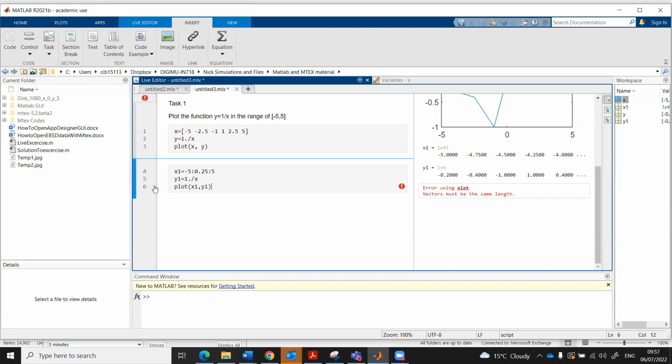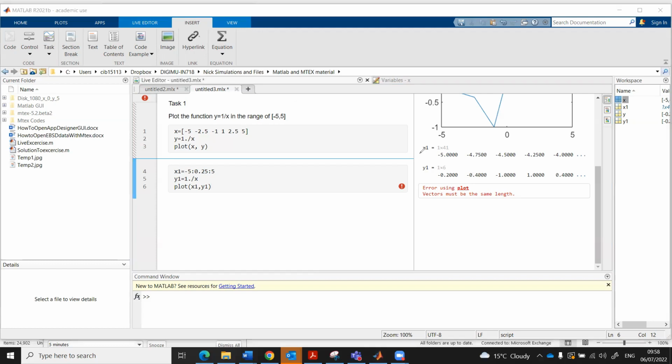Error using plot. Okay. Vectors must be of the same length. Aha, it means that X and Y have different lengths. How can I check? Let me see. Here, I will just show you where I'm looking. See here, I have X1, and it is written 1 cross 41.